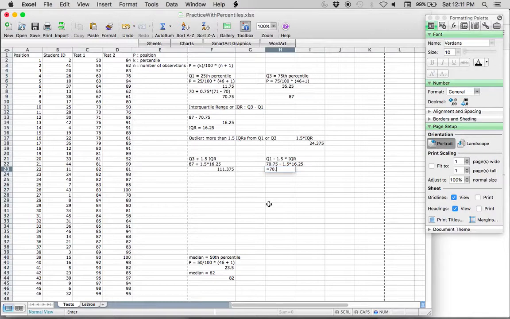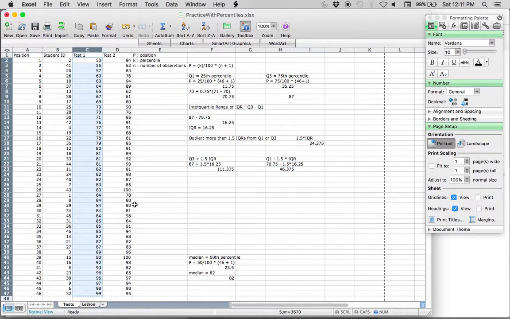We let Excel compute that. We get 46.375. That's right. So do we have anything at 46.375 or below? No. Right? Because the worst test was a 50. So there's no outliers in our data set. No outliers.